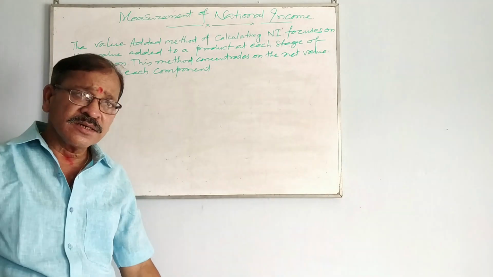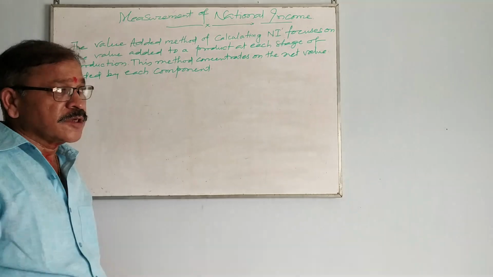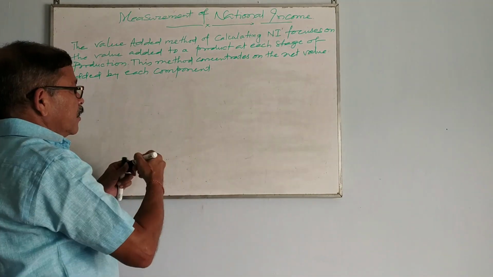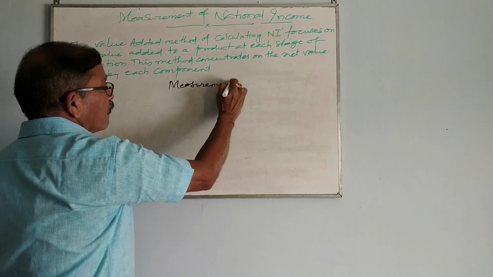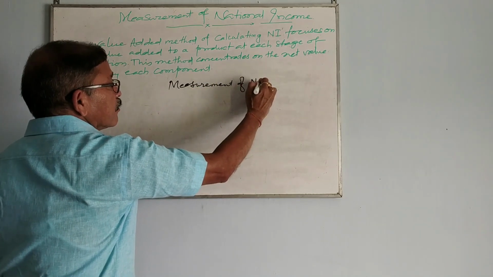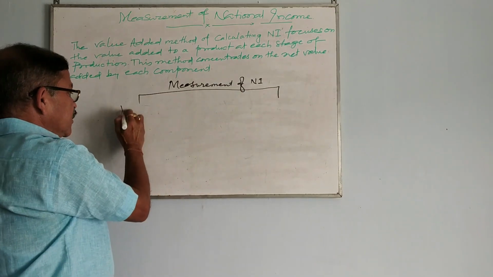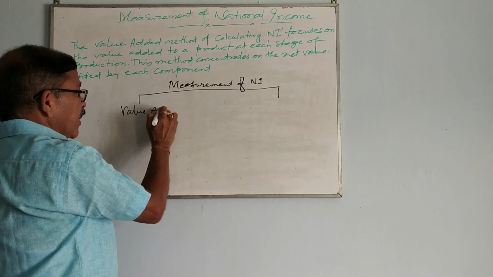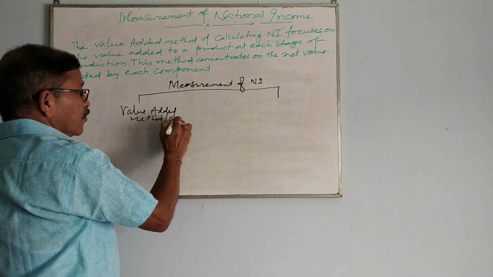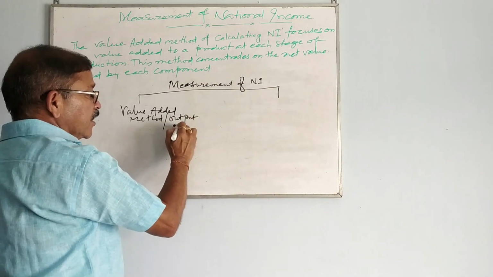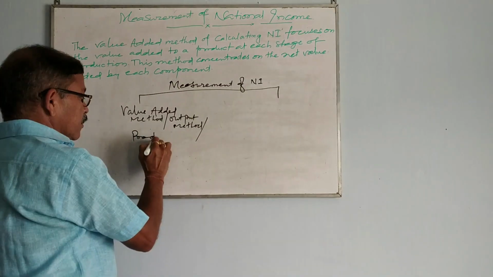So there are various ways by which we can calculate national income. So what are they? Measurement of national income. There are basically three ways. One is value added method, also known as output method and product method.